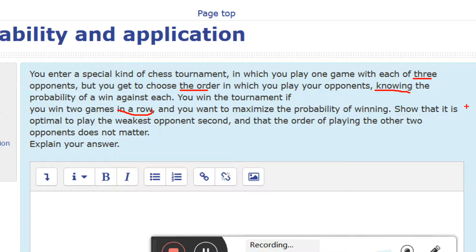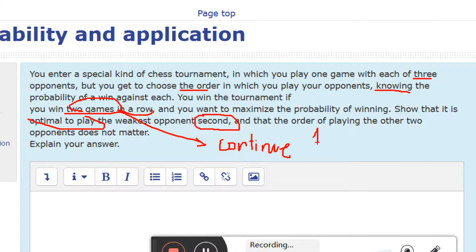The optimal order is to play the weakest opponent second, and the order of play for the other 2 opponents does not matter. Here you must win 2 games in a row. It means that the 2 games are consecutive. So you must win the first and the second, or the second and the third, and you win.